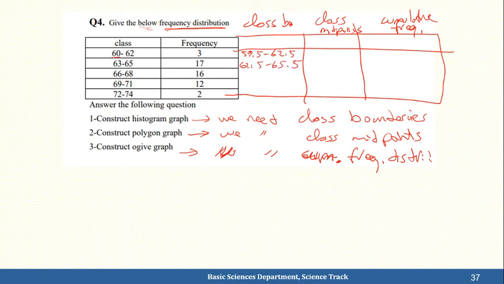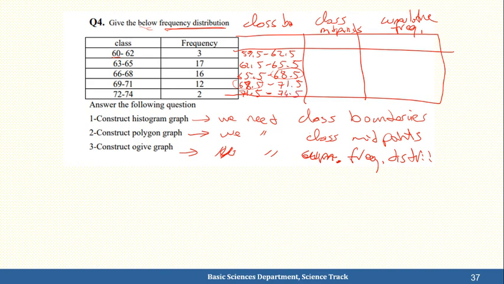These are all integers, so I'm using 0.5. Since these are class boundaries, the upper one will be equal to the next one's lower. So 68.5, 71.5, 74.5. Okay, these are the class boundaries.